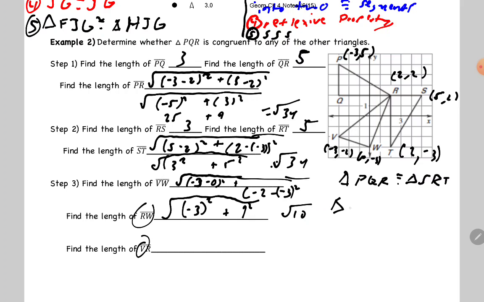So triangle PQR is not congruent to, so you just put a slash through it, triangle VWR.